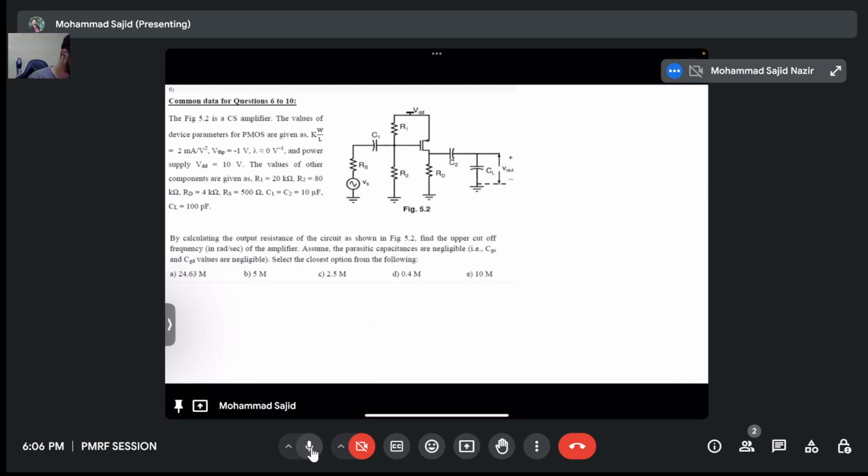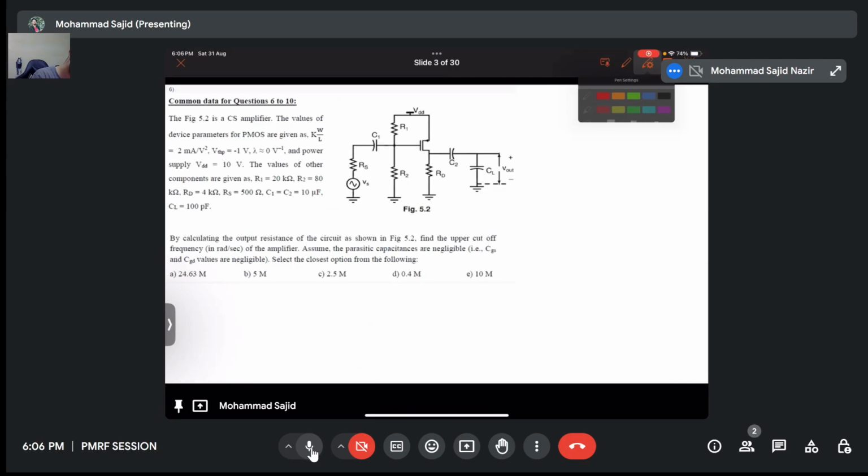We have the common source amplifier given in this question, and the values of device parameters for PMOS are given.